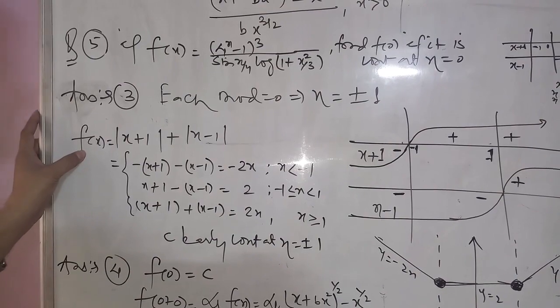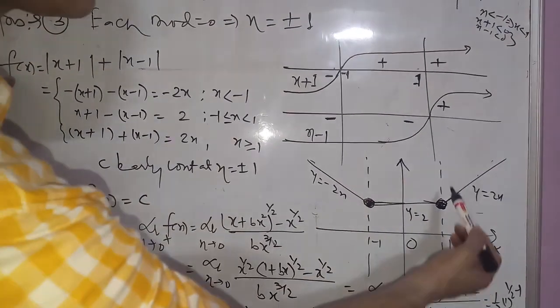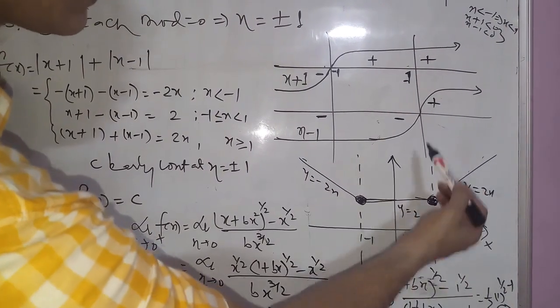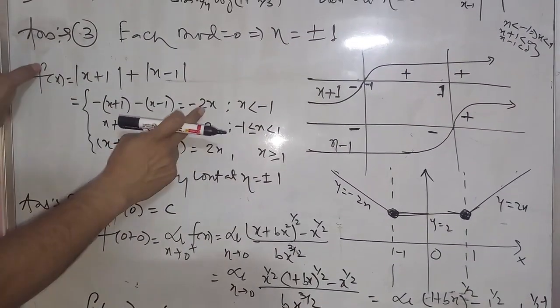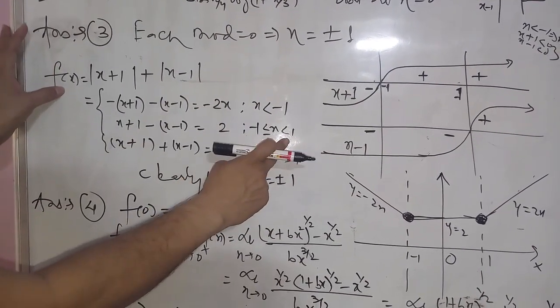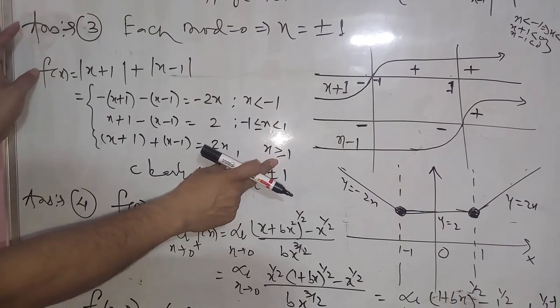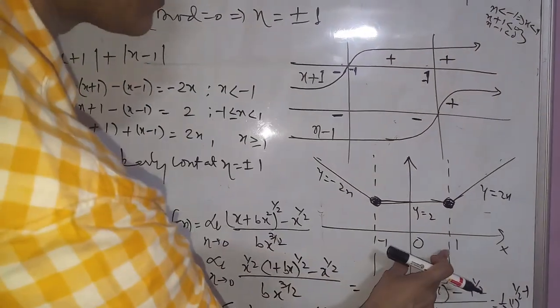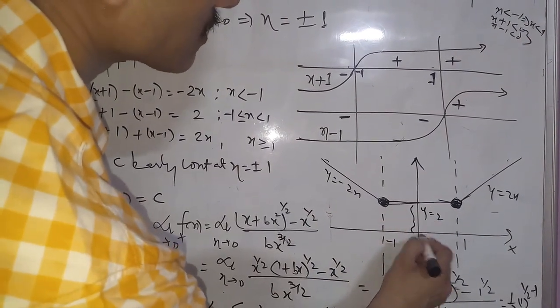We draw graph. First, we draw x equal to minus 1 line, x equal to plus 1 line. When x less than minus 1, here y equal to minus 2x. When x lying between minus 1 to 1, y equal to 2. When x greater than equal to 1, y equal to 2x. This is 2.